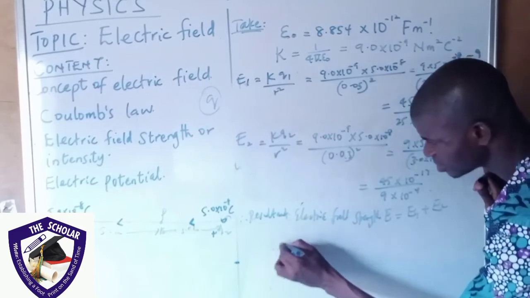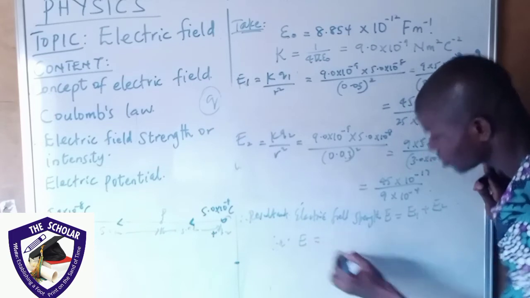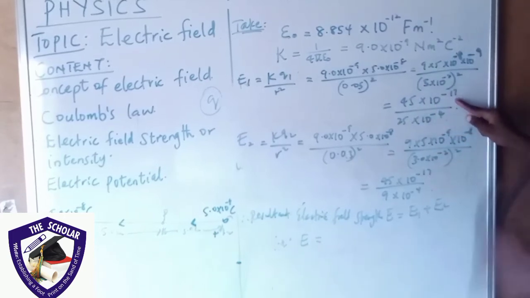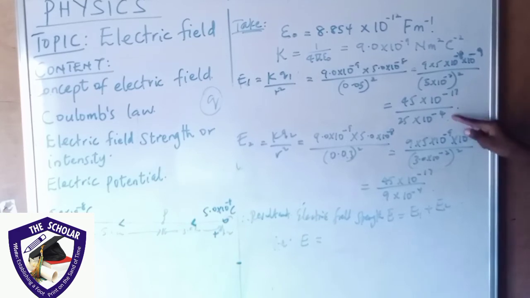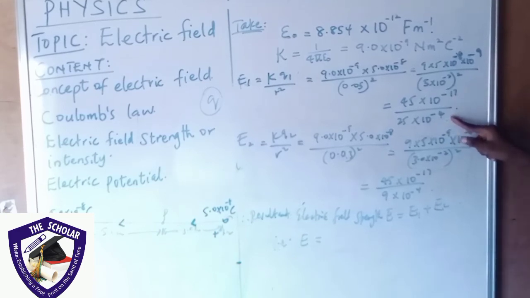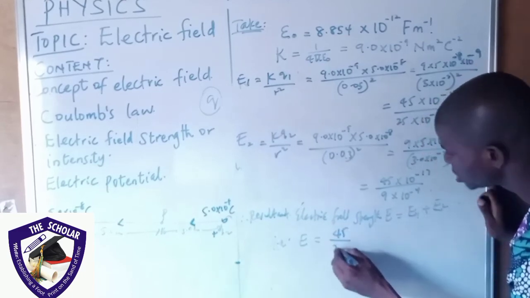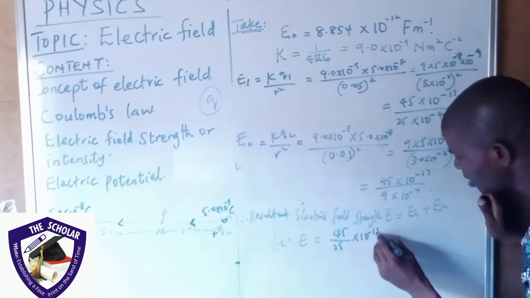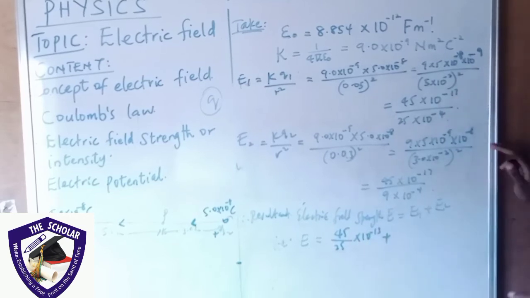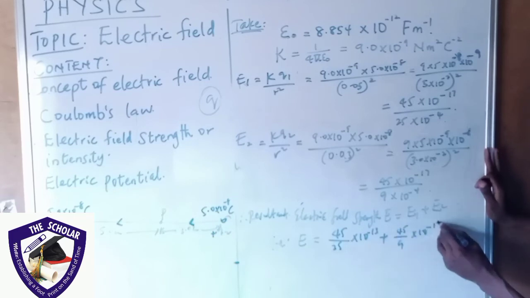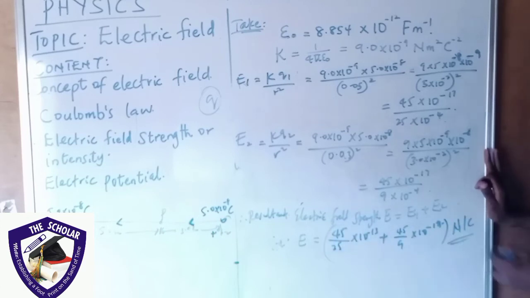That is, our E is equal to our E1, the result is this: 45 over 25 times 10 to the power, plus our E2, that is 45 over 9 times 10 to the power. So when you do this together, then you have your answer in newtons per coulomb.